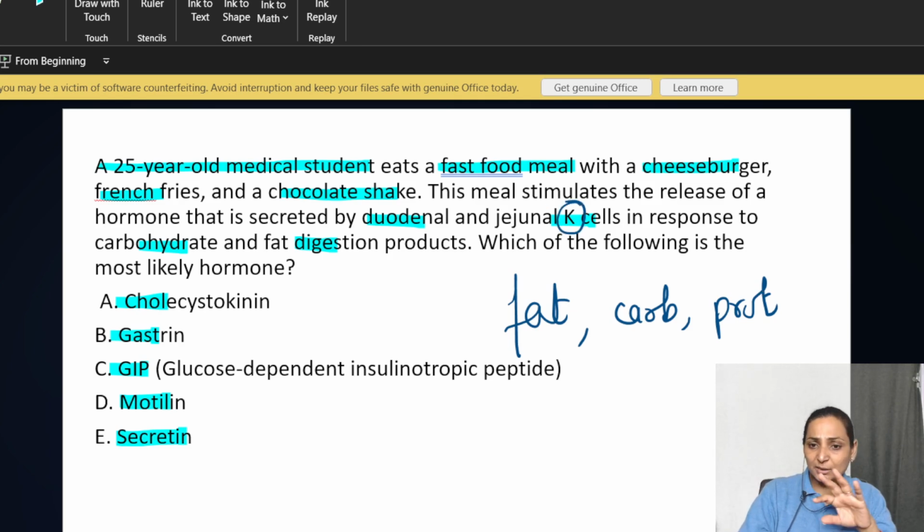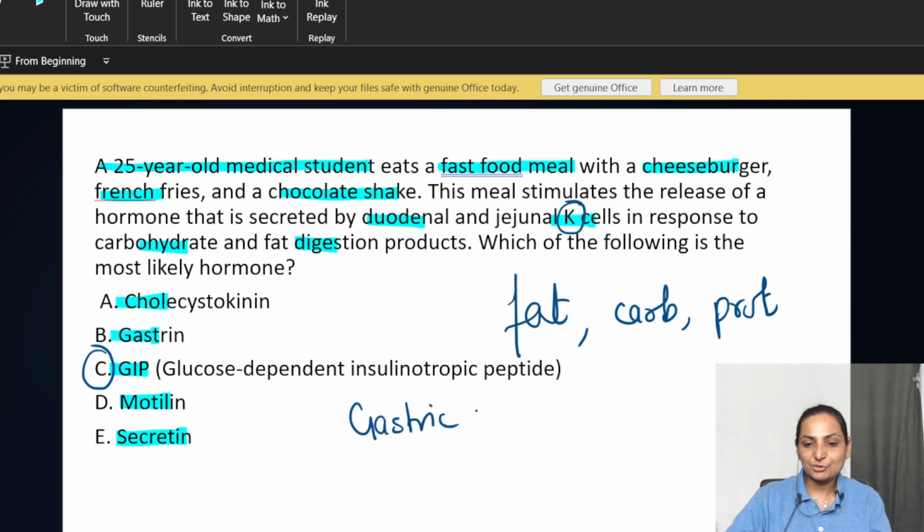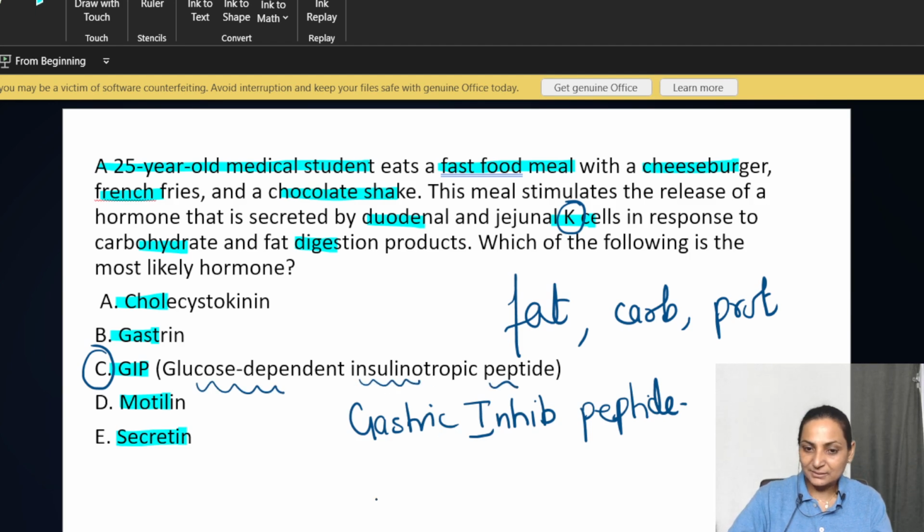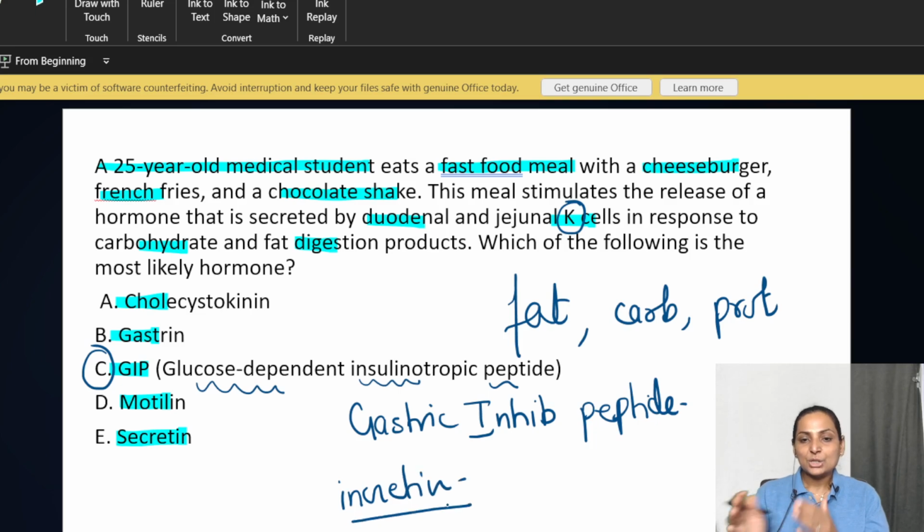So without any confusion, the answer will be GIP, that is gastric inhibitory peptide, which is also called glucose dependent insulinotropic peptide, and it is also called an incretin. So this is the extra edge of this hormone.